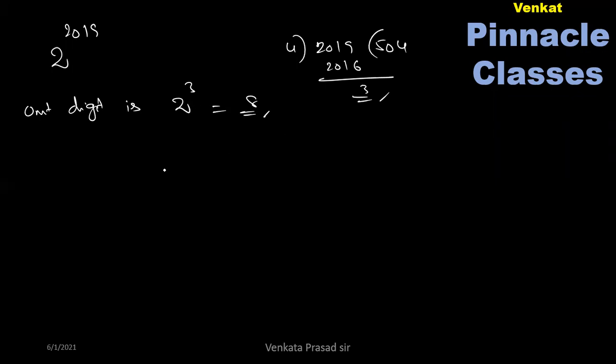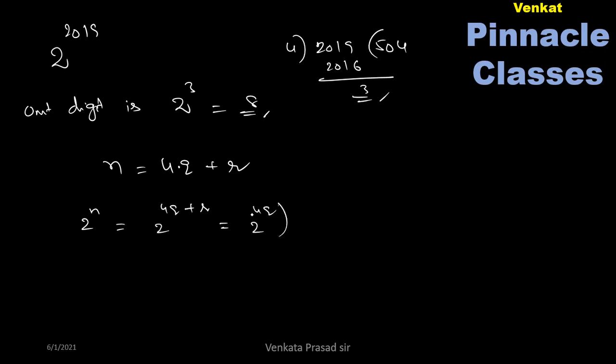So simply I'm writing: any number divide with 4, cyclicity, what we are getting? Quotient plus remainder. That means 2 power n, how to write? 2 power 4, like that.